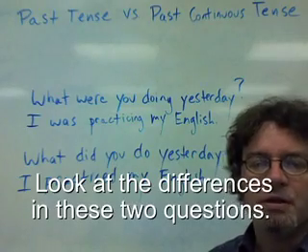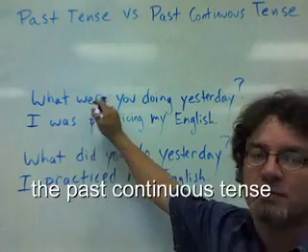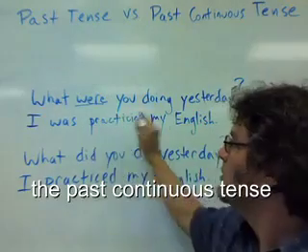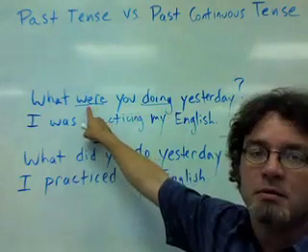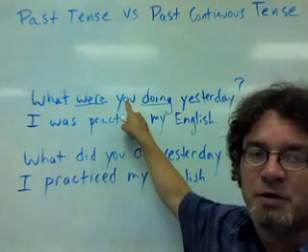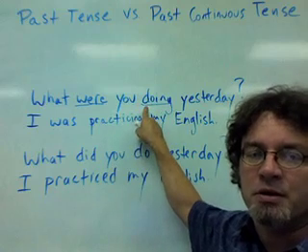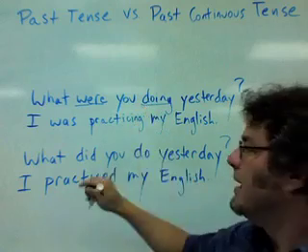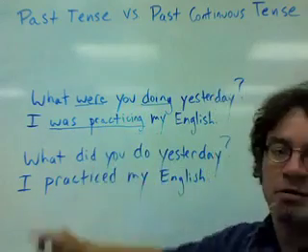Look at the differences in these two questions. The first one is in the past continuous tense. What were you doing yesterday? Here's the verb be that matches the subject, you. And the main verb in asking the question is do. The answer, I was practicing my English.